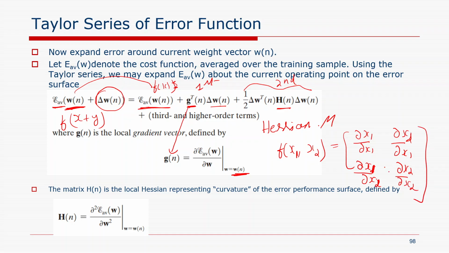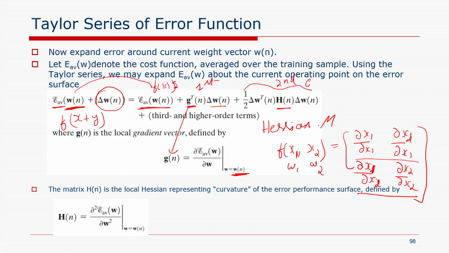That is a combination of all of these. There are two variables, x1 and x2. My Hessian matrix will be the partial derivative of x1 with respect to x1 and x2 with respect to x1 in the first row, and in the second row x1 with respect to x2 and x2 with respect to x2. Because if there are two weights, W1 and W2, we want to find the rate of change of W1 with respect to W2 and similarly W2 with respect to W1.